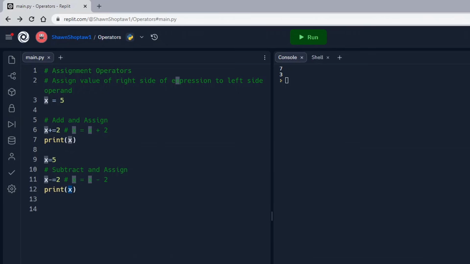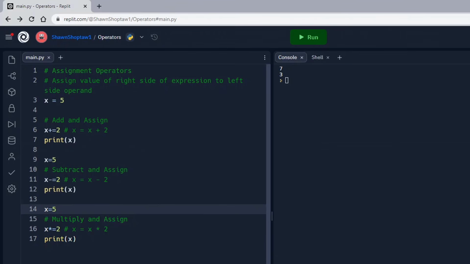So the rest of these, because there are a lot of them, I'm just going to print them out for you. So our next one is going to be multiply and assign. And then we have a divide and assign.